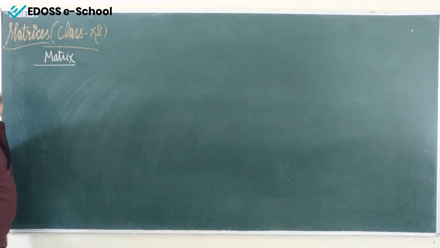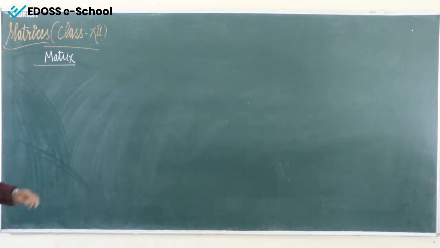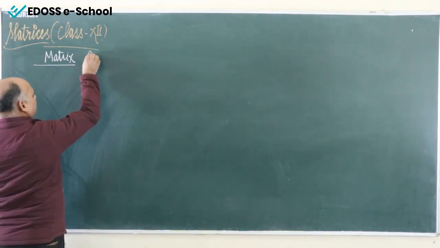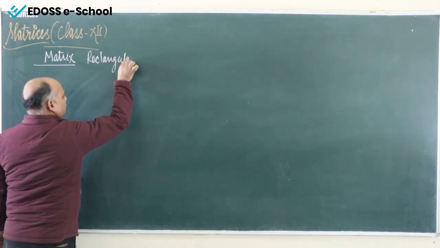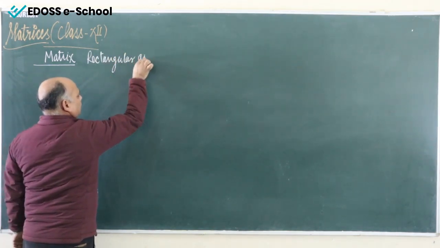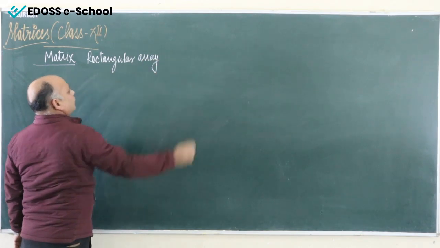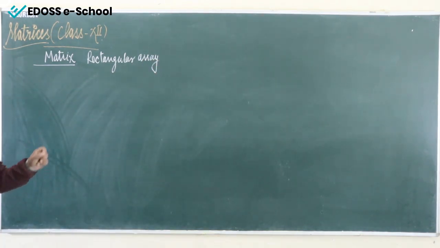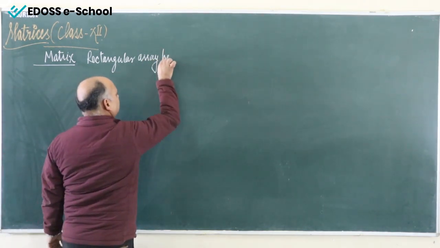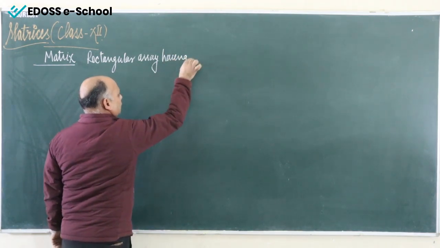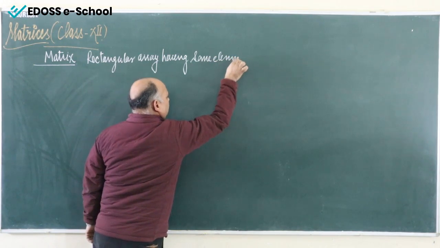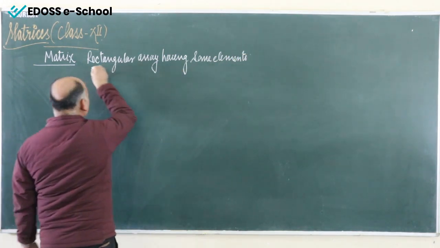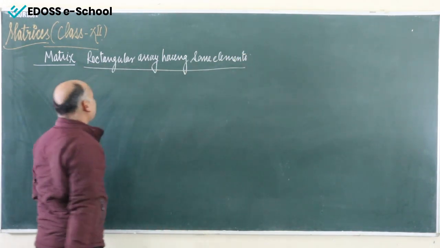Matrix means it is a rectangular array having some elements. This is the definition of the matrix.